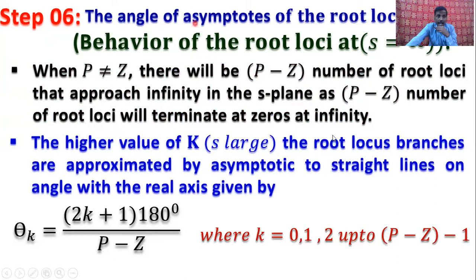So the angle of asymptotes is theta k equals (2k plus 1) times 180 degrees divided by p minus z, where k equals 0, 1, 2 up to p minus z minus 1. This is the angle of asymptotes definition.